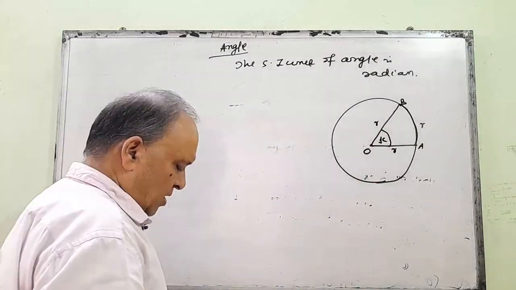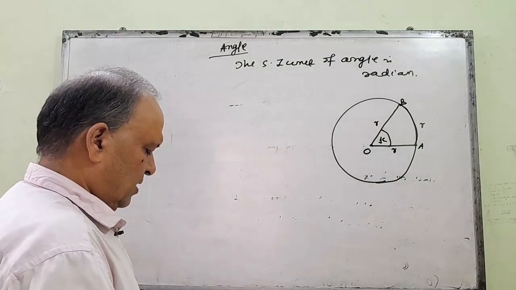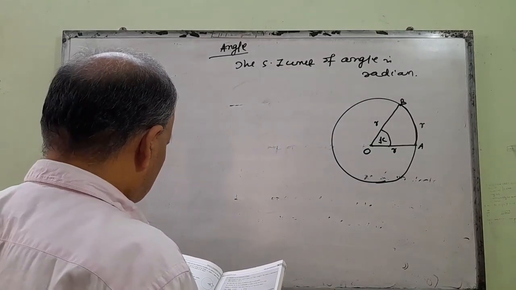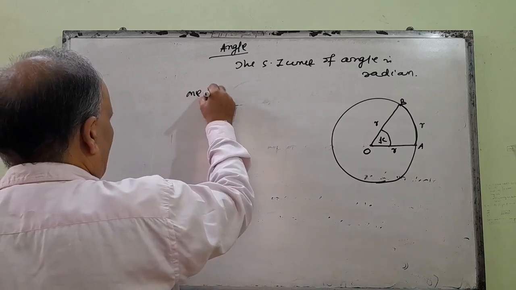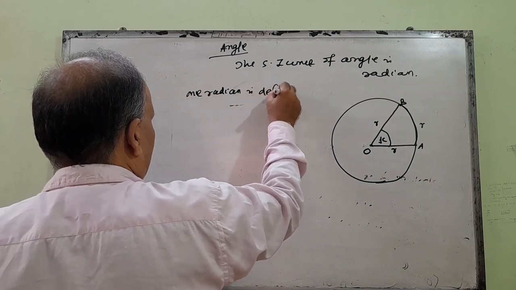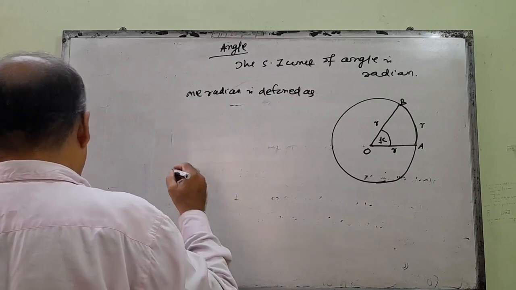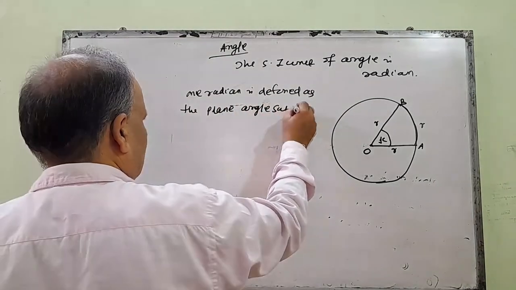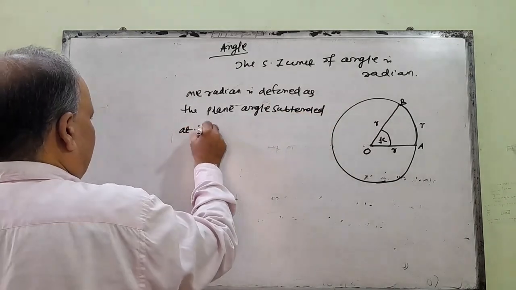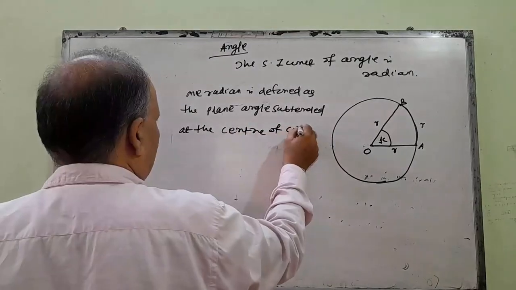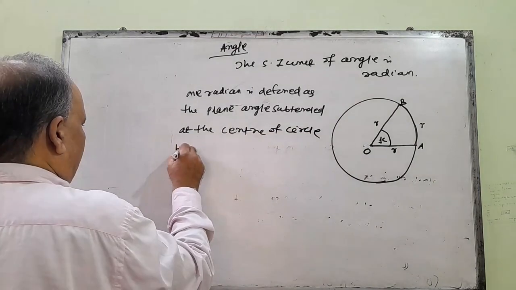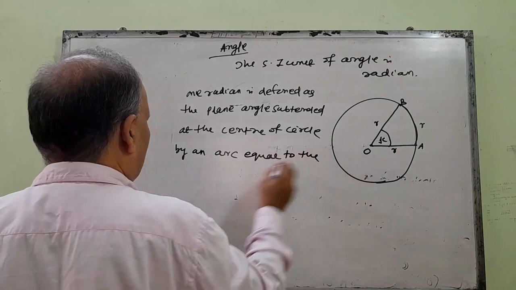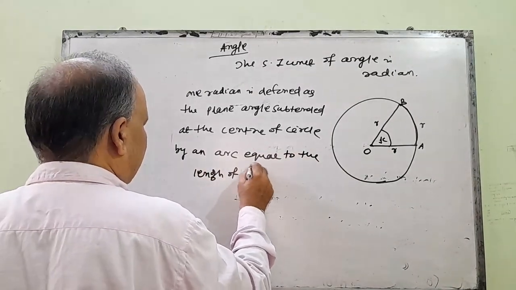So, the SI unit of angle is 1 radian. 1 radian is defined as the plane angle subtended at the center of a circle by an arc equal to the length of its radius.